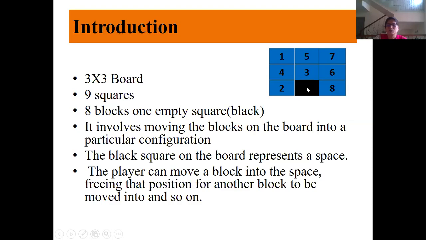The player can move a block into a space, freeing that position for another block to be moved into, and so on. Using this black block, it can move up, left, right, or down, so that the labeled tiles can move to a particular position, which helps in reaching a particular configuration, which may be a goal state.